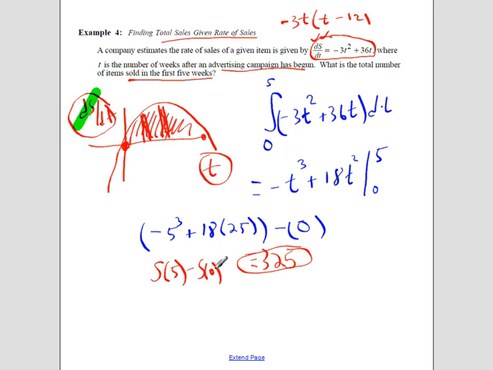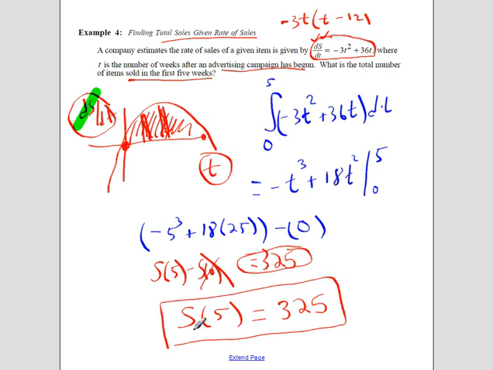And we know that the sales after 0 weeks was 0 because we hadn't started selling things yet. So what we found from this definite integral of the derivative is S of 5, the number of sales after 5 weeks. So that's the application. It's an application problem using the fundamental theorem of calculus, antiderivatives, and the definite integral. Take some time to really wrap your head around this idea. The algebraic work isn't too challenging, but I think the theory can be a bit tricky.